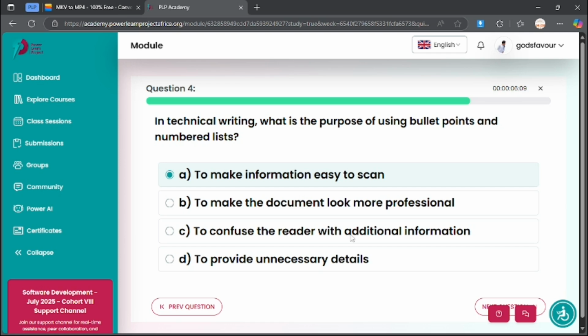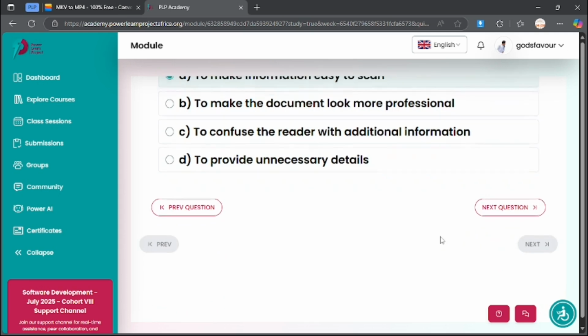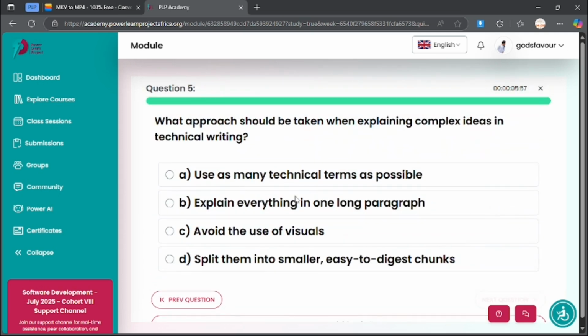So bullet points and numbered lists are your best friend when the goal is clarity plus speed.